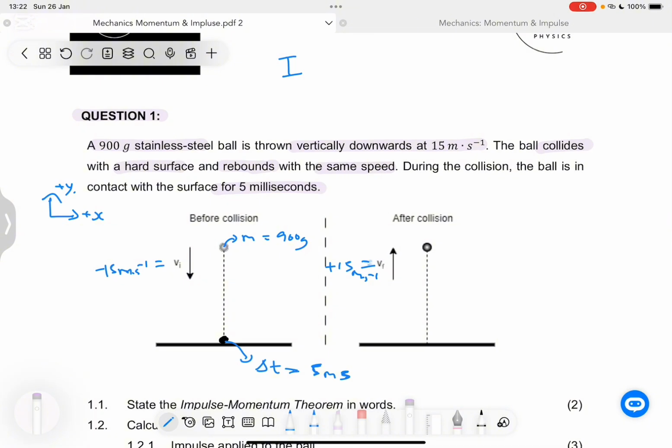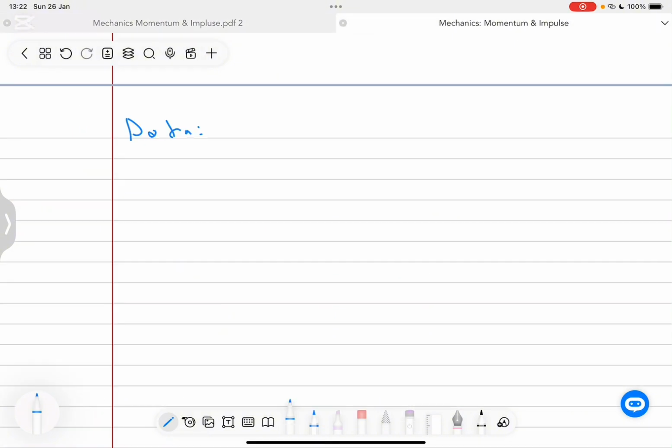I can further go and write down my given information so that I also convert the mass and the time to SI units. The mass is given here by 900 gram, and we know that 1 kg is the same as 1000 gram. The technique that I shared with you earlier on is that you divide here by 1000 gram and you put the 1 kilogram as the numerator.